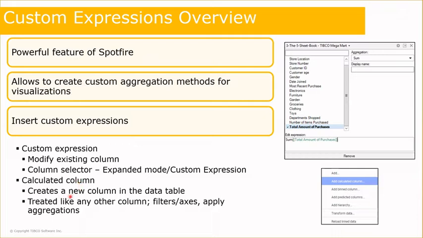This creates a new column in the data table, created using the existing columns, and it is treated like any other column. You can use it to apply filters, use it in a visualization axis like any other data column, and apply aggregations to these columns that you have created.